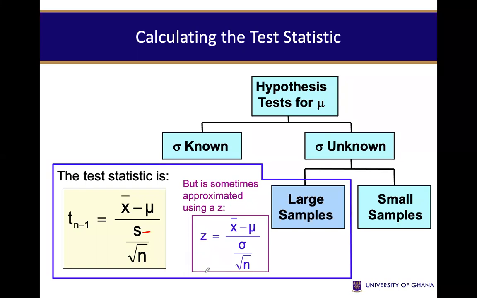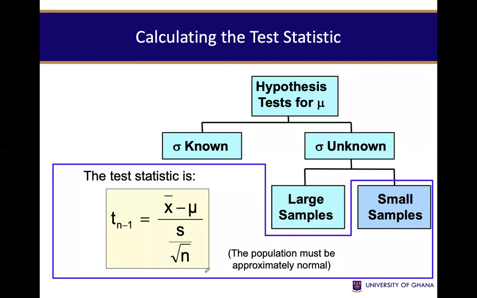Now, if it is unknown and the sample size is small, then first of all, we have to assume that the population must be normally distributed, and then this is how we calculate the test statistic. The only thing that changes once again is that the sample standard deviation is replacing the population standard deviation.